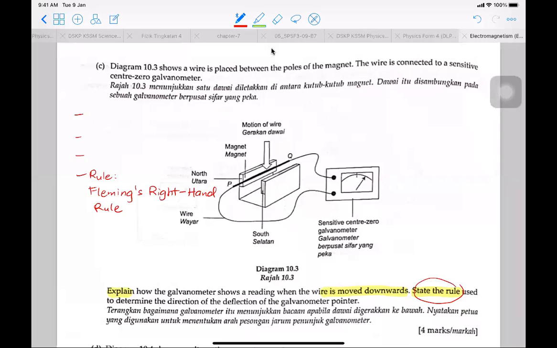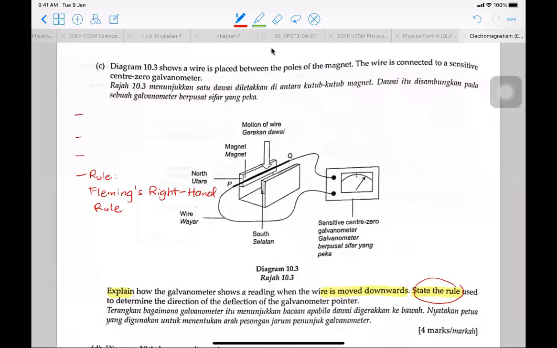Number 1. How do we start? When the wire is moved downwards, you start with that.